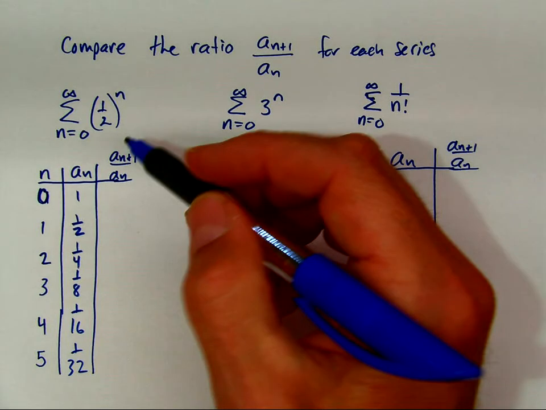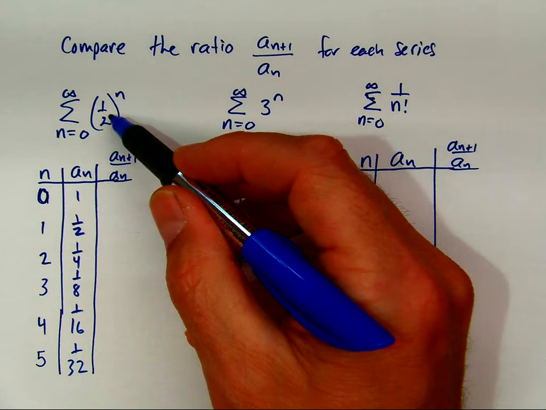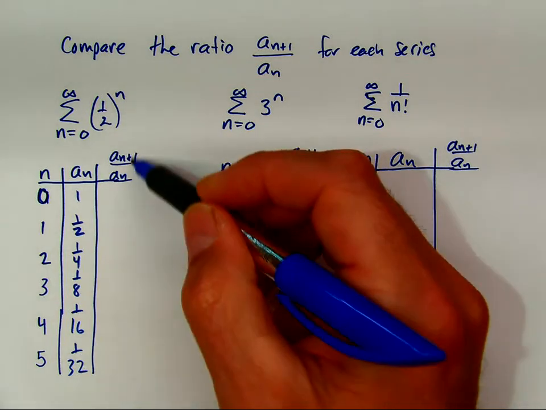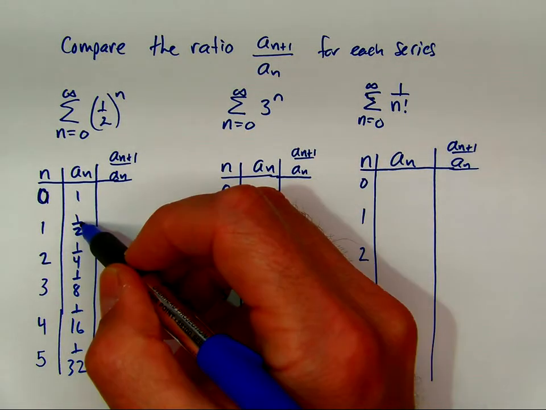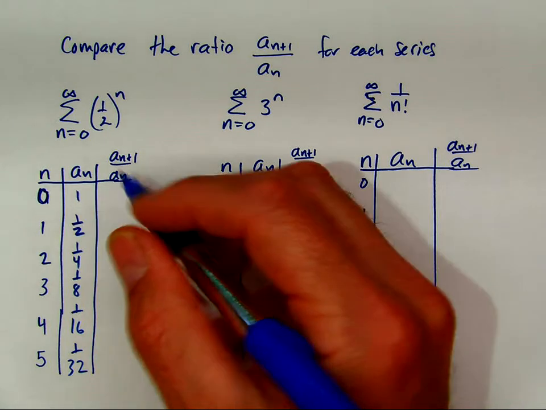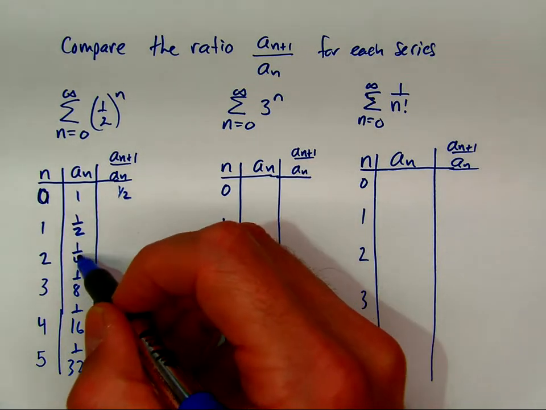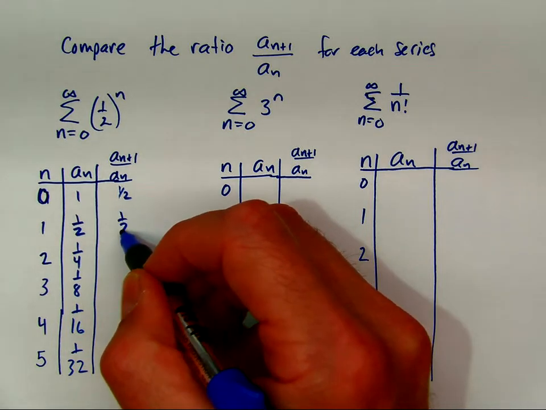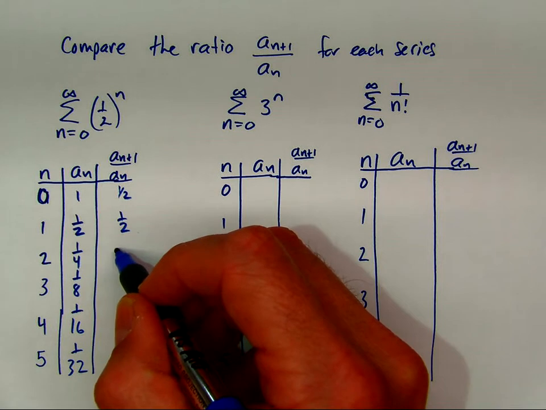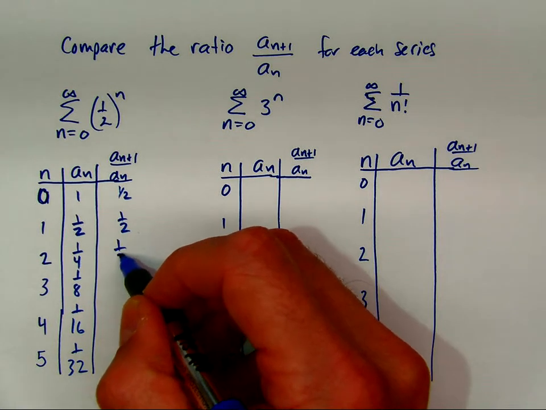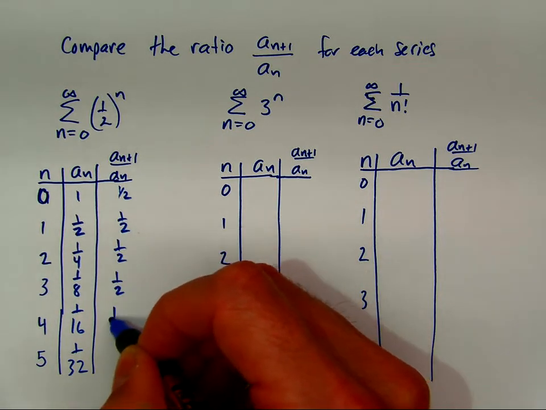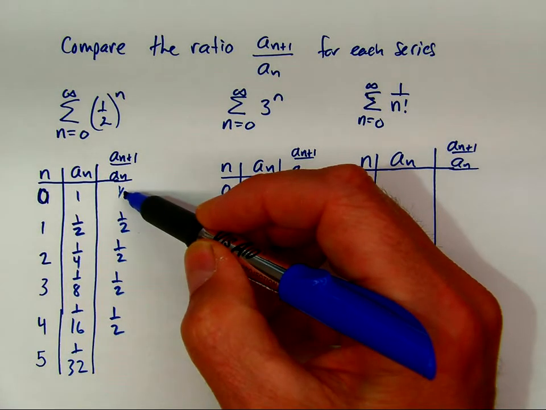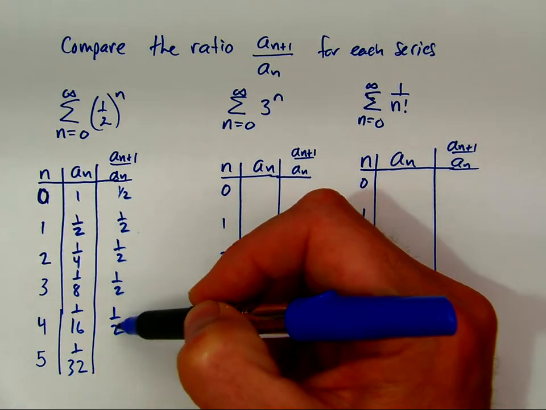Let's then look at this ratio. In a geometric sequence, we've always been looking at this ratio where we have 1/2 divided by 1. Then we have 1/4 divided by 1/2. 1/8 divided by 1/4. And we have a common ratio.